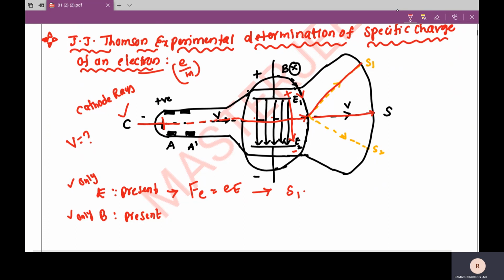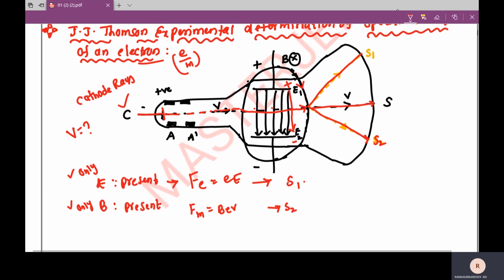Then by Fleming's left hand rule, we can find where the electron will move. By Fleming's left hand rule, the electron is going to be incident on S2. In this case, the magnetic force is eVB.